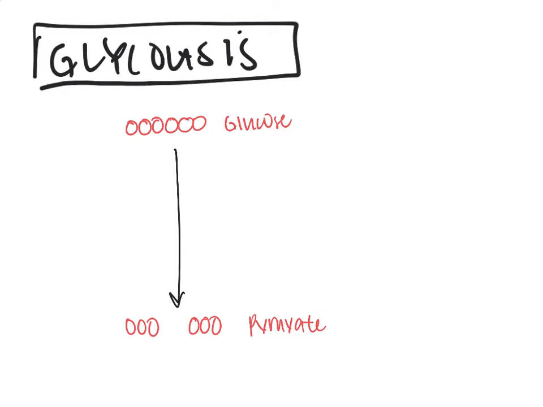Now, in order to do that, we have to do several things, okay? There's going to be several steps in between here, and it's going to take gaining energy and using energy in order to get glucose to pyruvate. So what does that look like? Well, at some point, we need to use energy in this step, and then a little bit later on, we're going to actually take energy from glucose.